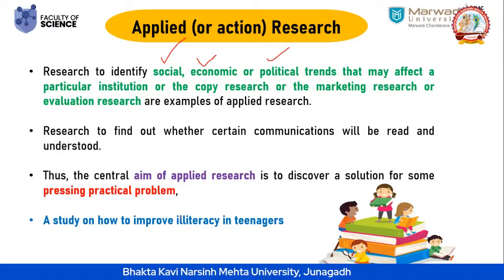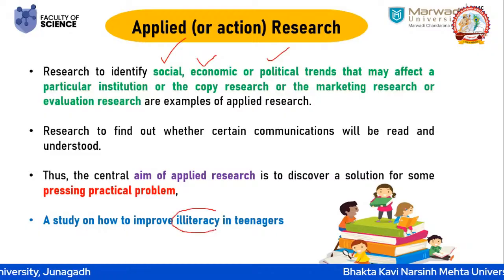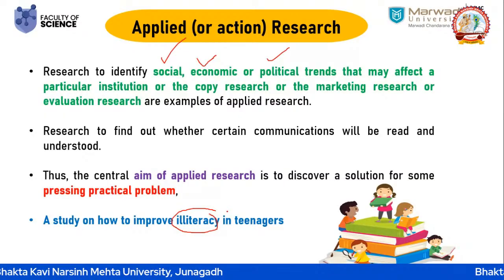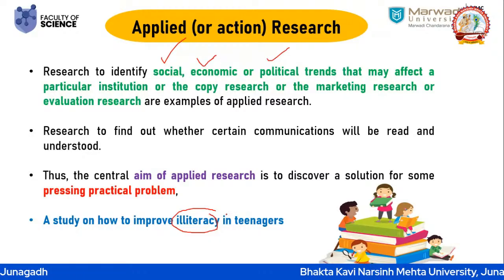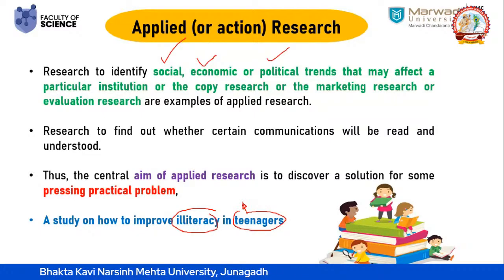If I give a simple example, for those who are doing research in literature, you are targeting one of the problems, for example studying how to improve literacy in teenagers. So how can you target it? This is a very realistic problem, and nowadays each and every parent is facing this type of problem.